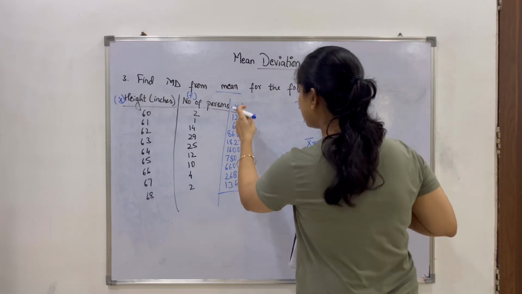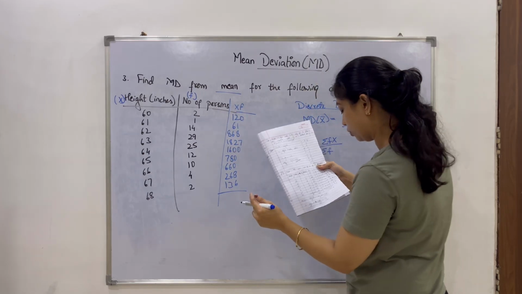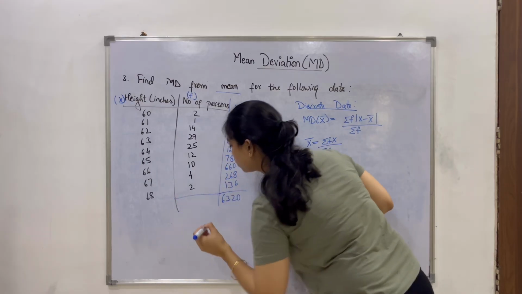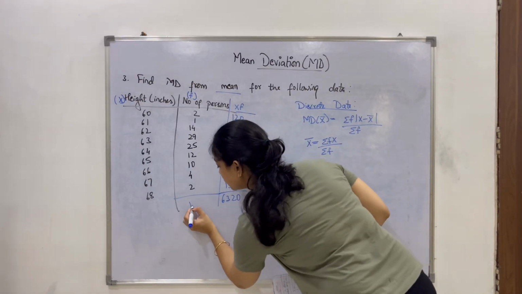So we need to take the total of this particular column also, which is 6320, as well as the total of f, which is 100.